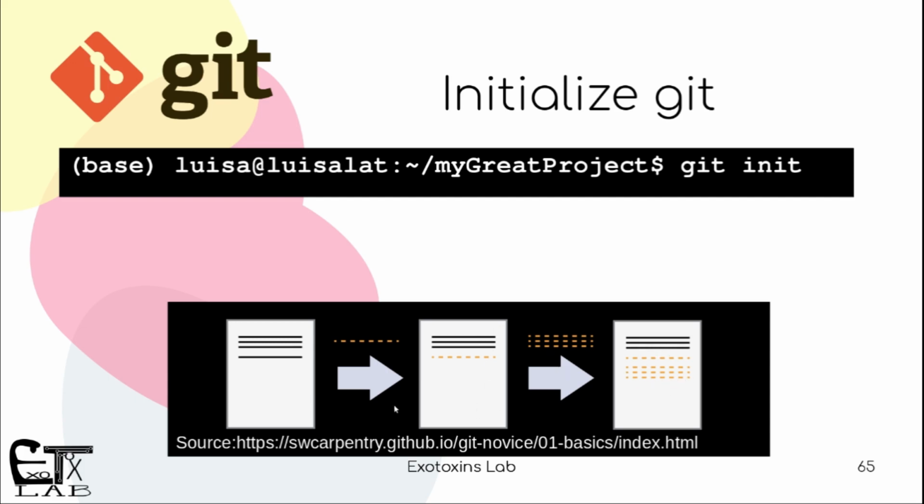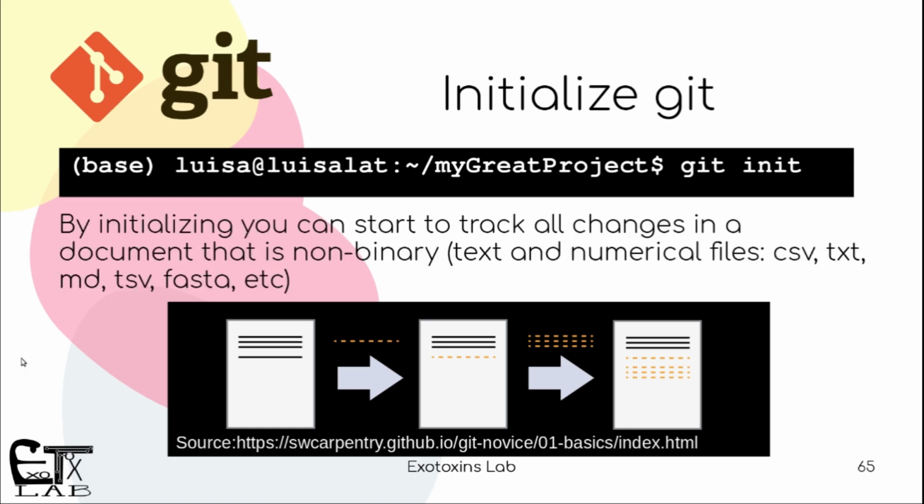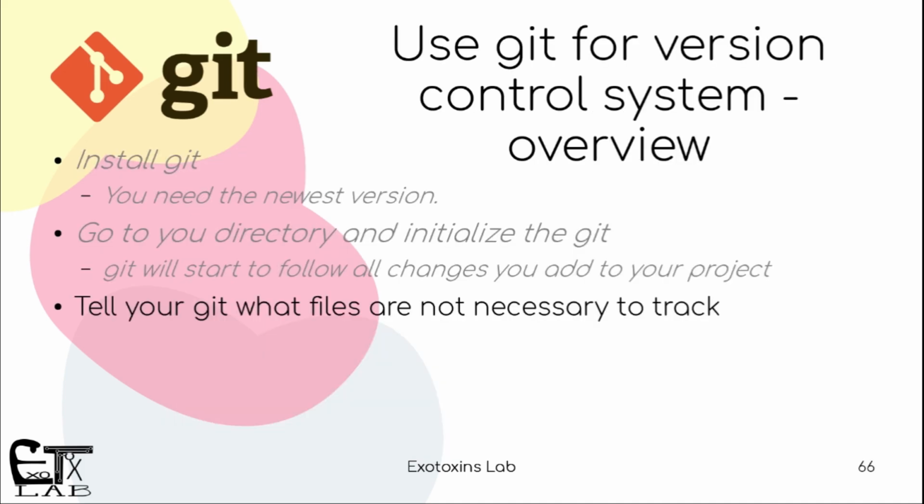You always have your latest version, but you keep track of all the changes that were done in case you need to go back to a previous version. By initializing, you start to track all changes in all documents that are non-binary. That means text and numerical files. Some of the extensions that you might know are CSV, TXT, MD for Markdown, TSV, FASTA, and so on and so forth.